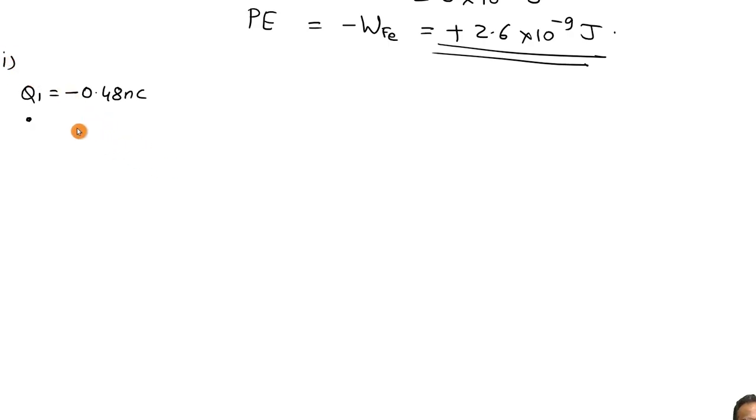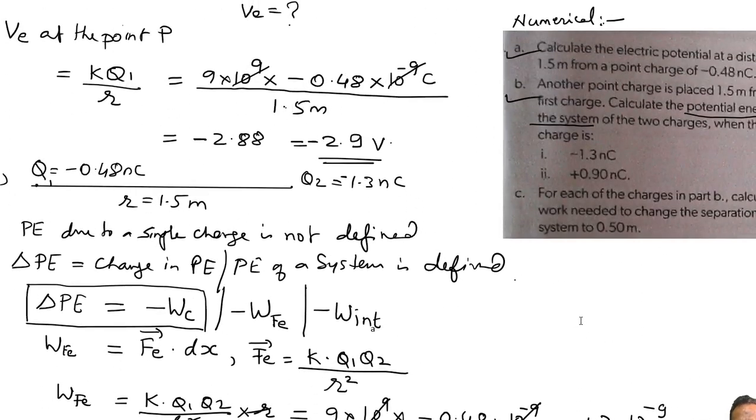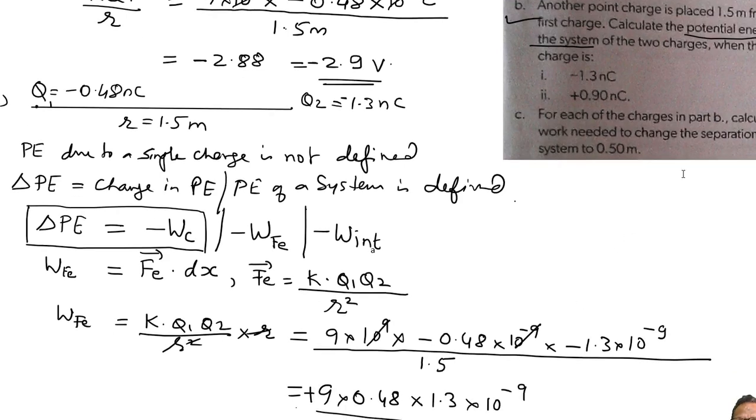So in the first case you are going to take a charge, same as B, for each charge in the part B. So for B1 it was minus 1.3 nanocoulomb. So that you are going to take and you are going to bring it to a distance of 0.50.